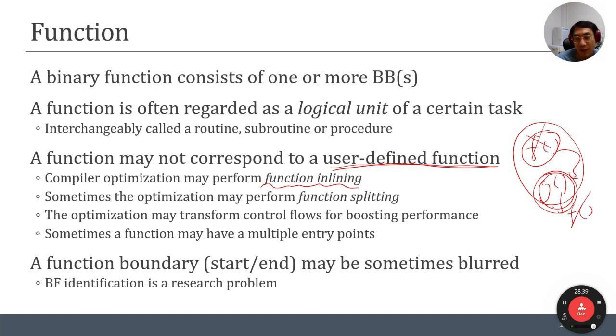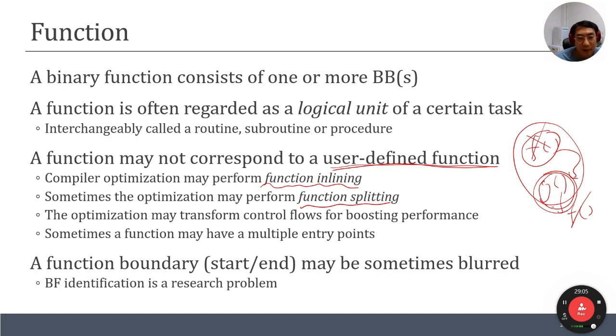So that's why, in order to keep better performance, sometimes the compiler optimization uses the technique of function inlining. There is function splitting as well, but it's not happening very often.